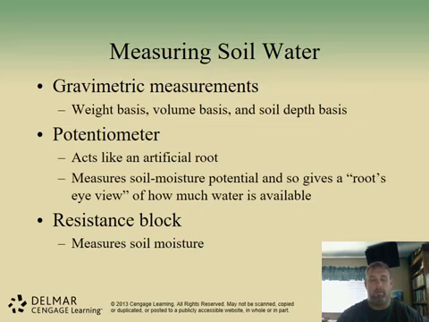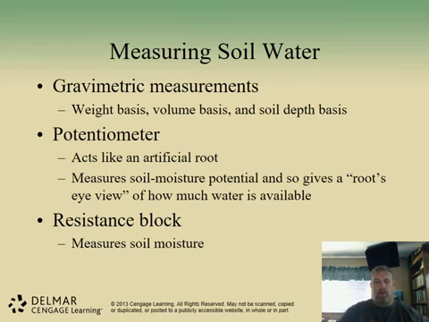The potentiometer is basically like an artificial root and will be put into the ground and will simulate the action of the root trying to suck up the water, and can determine if it is being resisted based upon forces that the soil is putting on the water. And then lastly, you have the resistance block, which is a block that measures soil moisture by placing it in the soil.